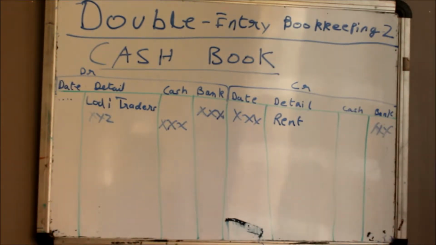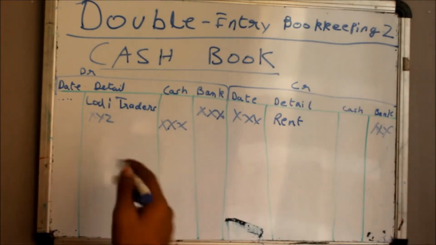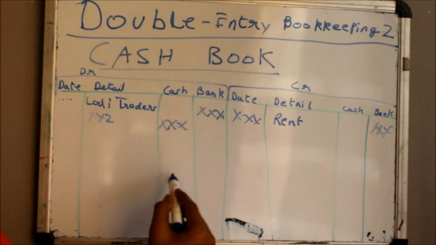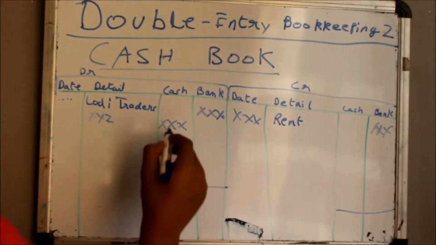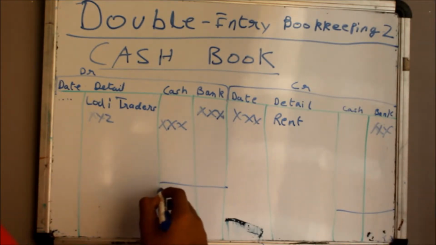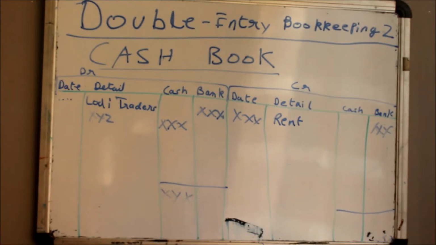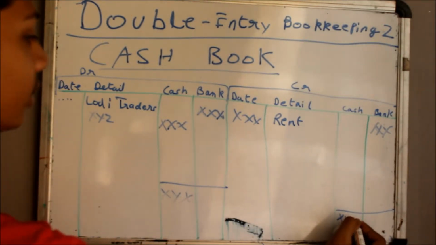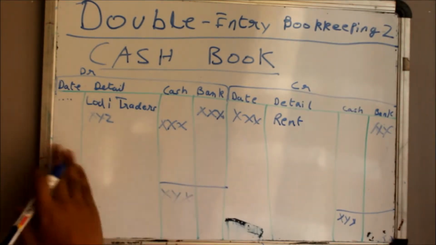Now I think you might know that we obviously have to balance these entries. So whichever side is the highest, for example, if this side is the highest, then the total of this, let's say it's x, y, x, and even this has to be x, y, x, even though there is no entry over here, because we're going to subtract the smaller side from the bigger side.